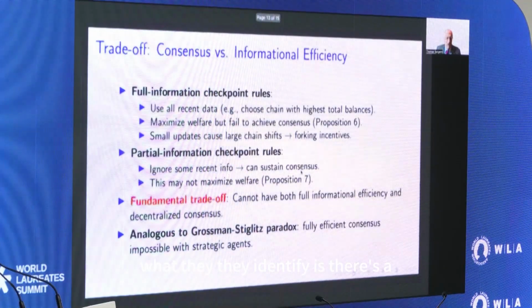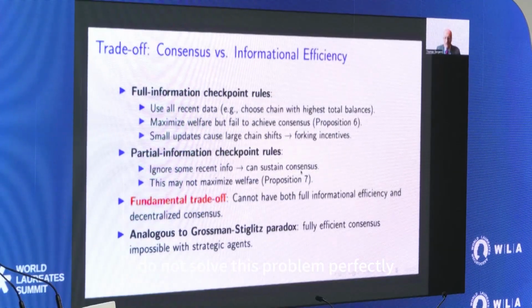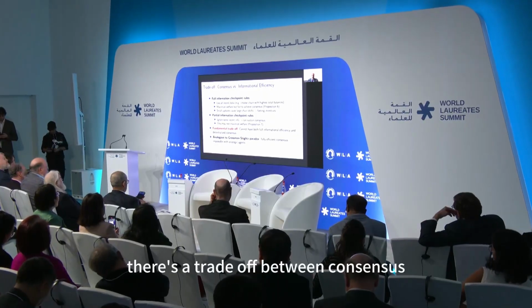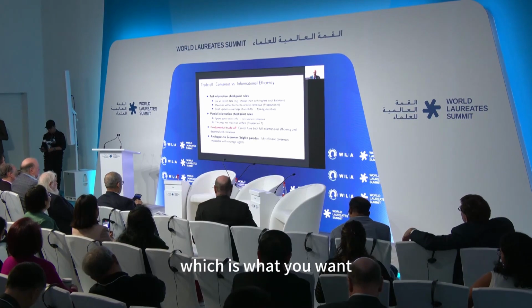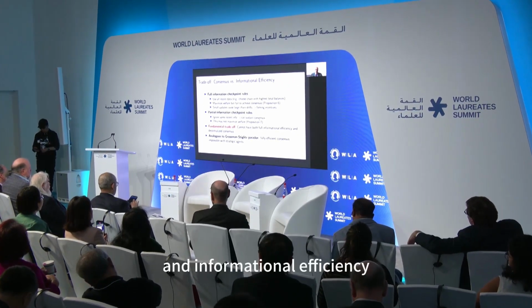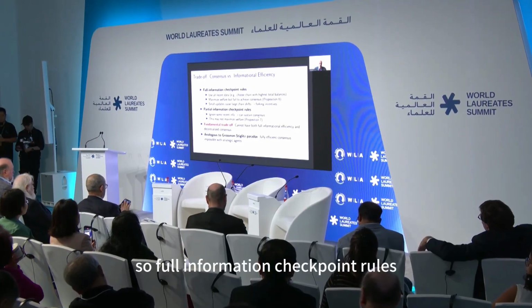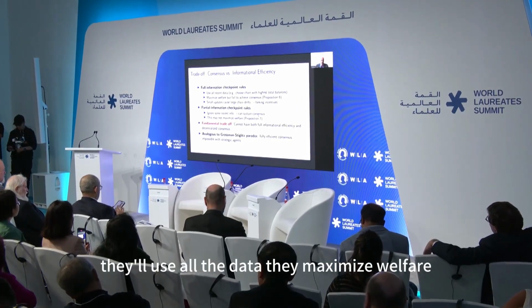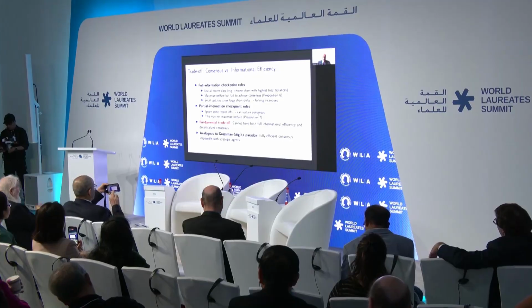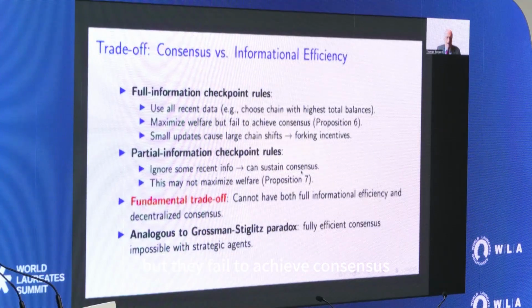So what they identify is there's a trade-off. They do not solve this problem perfectly, and they have a characterization that it can't be solved perfectly. There's a trade-off between consensus, which is what you want, and informational efficiency. So full information checkpoint rules use all the data and maximize welfare, but they fail to achieve consensus.